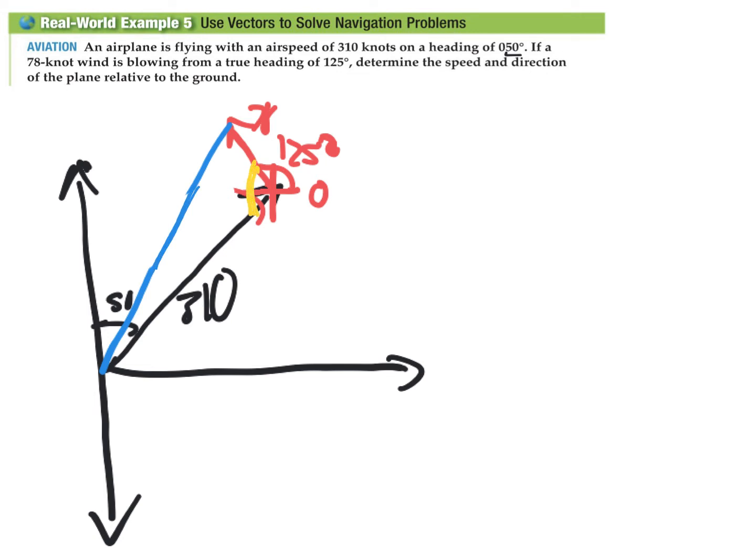We need to know this angle in order to use the law of cosines to find that distance g, or how many knots the vector g is. That's our resultant. So what we need to do is see what will be parallel with that.